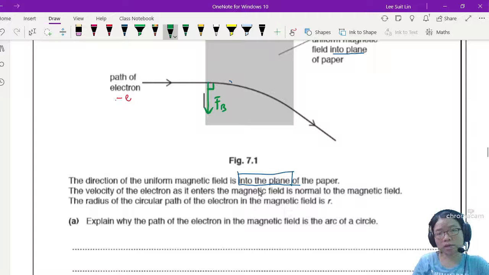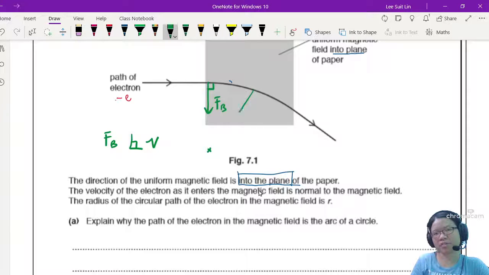If you've watched the video that you have, you will notice that the direction of FB is always perpendicular to the direction of velocity. So wherever the particle is, the FB will change. This one is 90 degrees. That will be the first point that you will say.